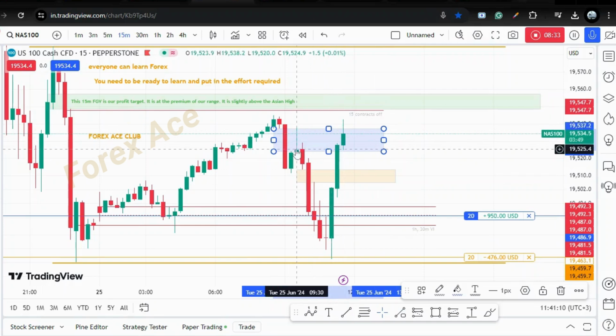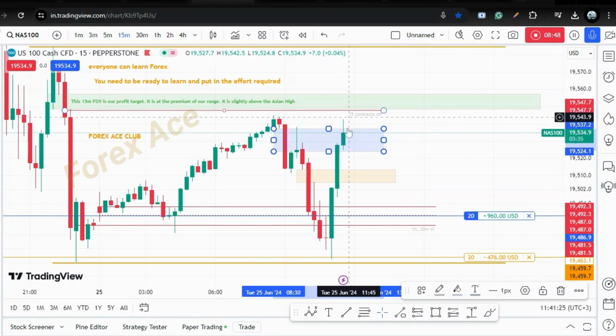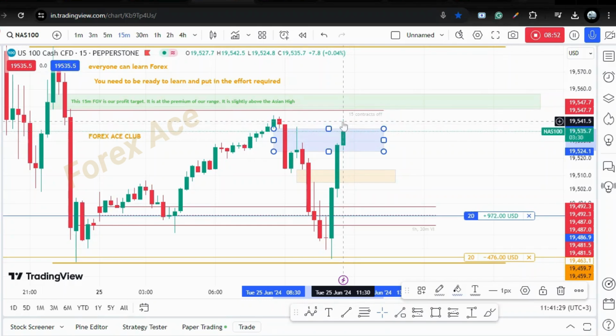Can you see this candlestick? It closed below, but picked up, never closed above. So it respected it, and now it wants to go down. For now, I don't want to see this wicking up and not closing above it. I want to see this closing above it. If this candle closes above it, it will spice up our trade.